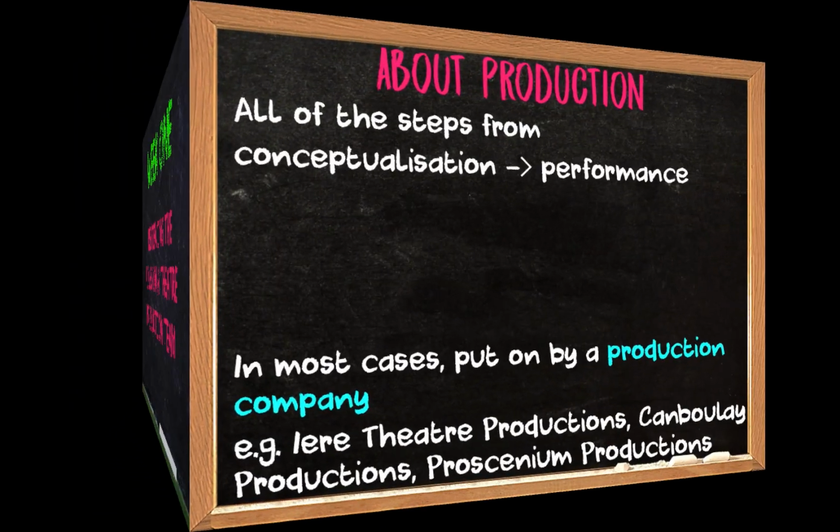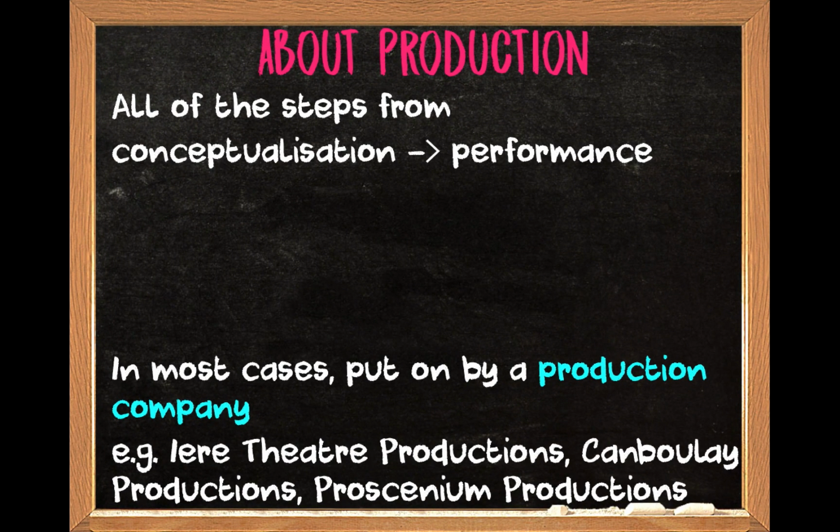So, speaking about production, what is a production? So, there's the production process, which refers to everything from the conceptualization, which means coming up with the idea of a play or a performance, and the actual performance itself. So, we're looking at the performance as a production, and then we're also looking at the production process, which of course would include rehearsals, designing, building, all of these things.